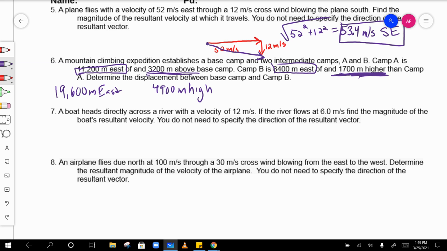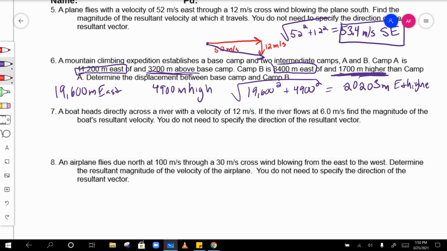Okay, now if we want to combine these two and find the resultant or the displacement between the two, we just square them and find the square root. So 19,600 squared plus 4,900 squared, and we take the square root of that. And we get 20,203 meters east and higher.